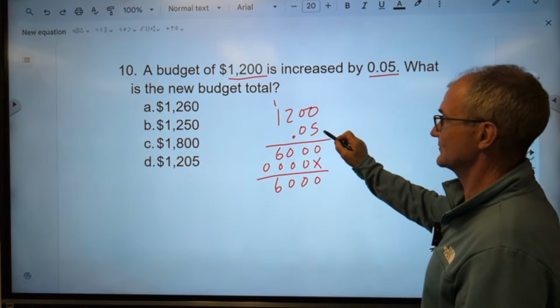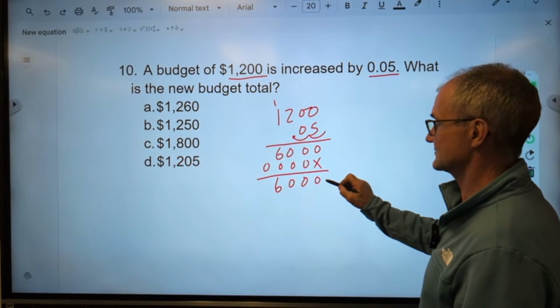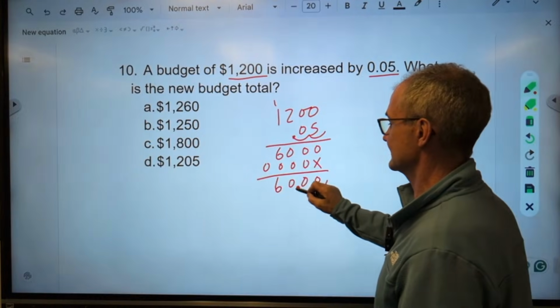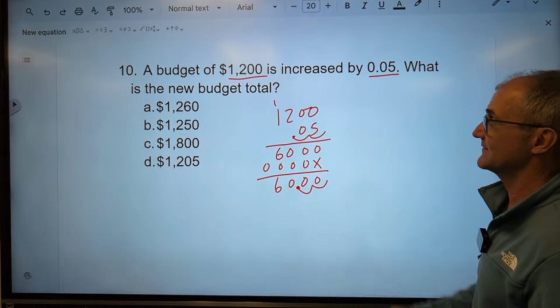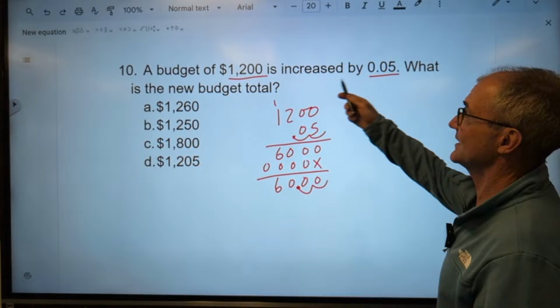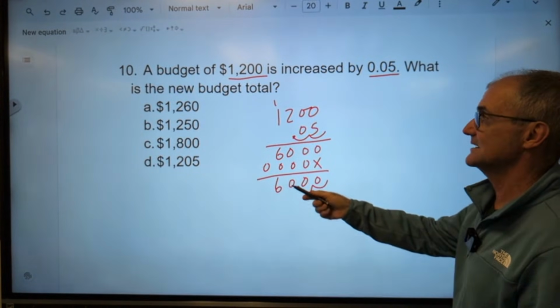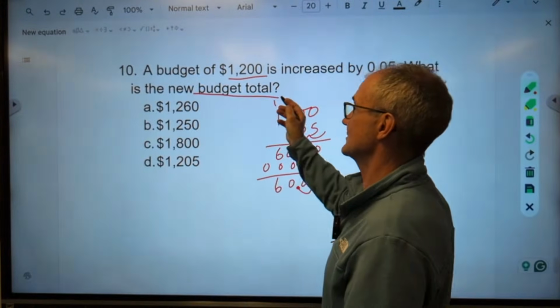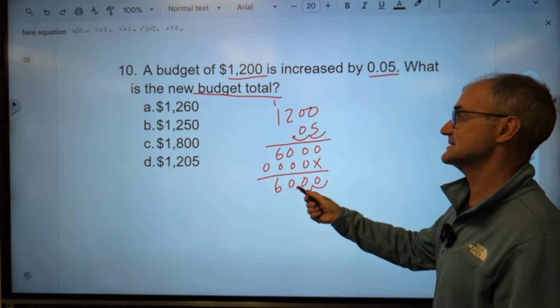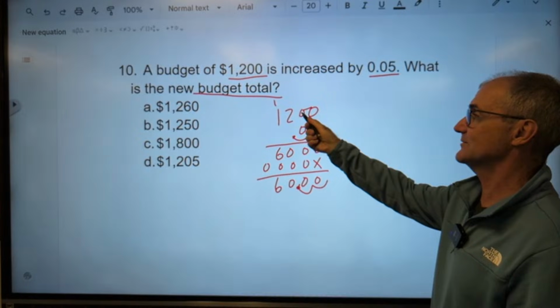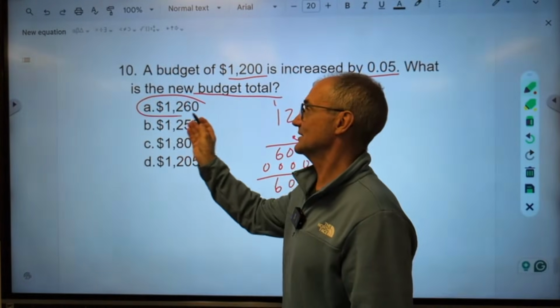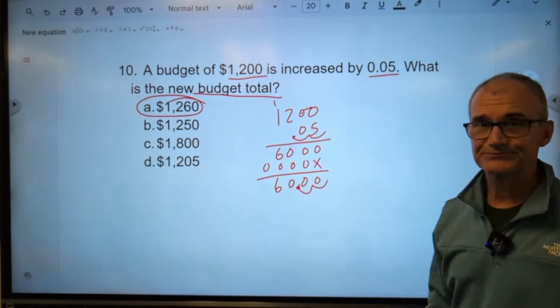I count over 1, 2, so my decimal place goes over 1, 2, and it gives me 60. What I found right here is 5% of 1200. It's not asking me for that 60. It is saying, what is the new budget total? I have to take that 60, add it to that 1200 to get that 1260 right there.